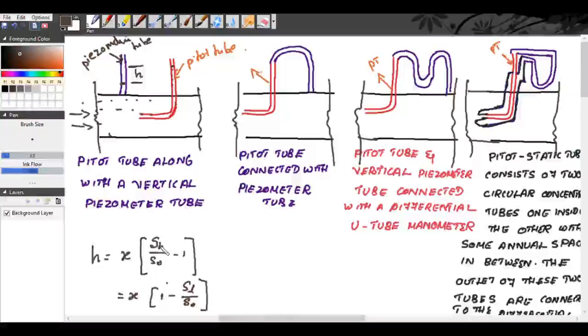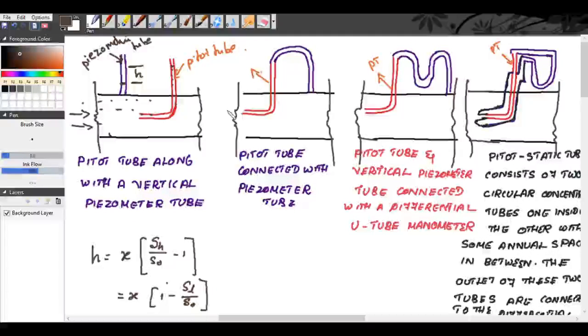That is, if the manometric fluid is a heavier fluid, it is taken as x into Sh by S0 minus 1, and if the manometric liquid is a lighter liquid, you have to take h as x into 1 minus Sl by S0. These things we studied in detail in our last class. So the first case is a Pitot tube along with a vertical piezometric tube.